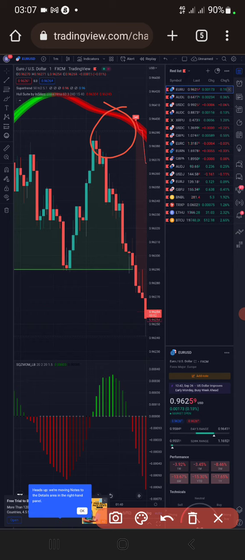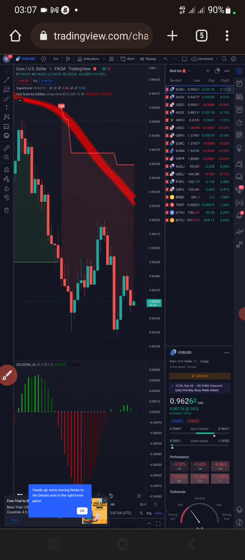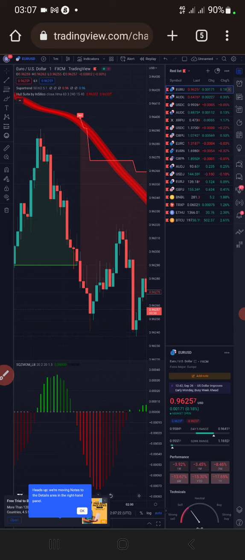So I know that the market is going to sell very soon. And if you look over here, you are already in a sell zone. So when you are in a sell zone, just be looking to sell, and if you are in a buy zone, be looking to buy. So you can take signals from this just to sell and to buy.